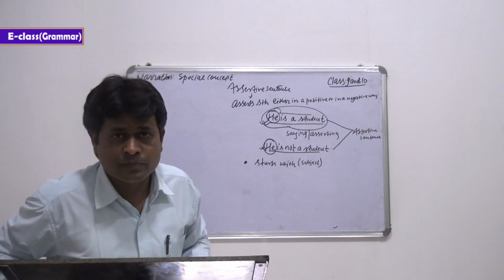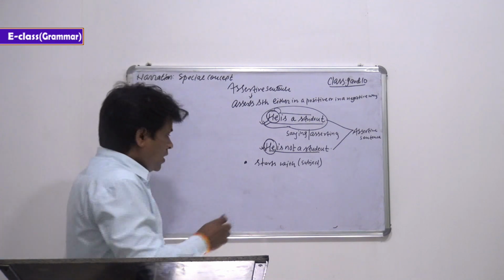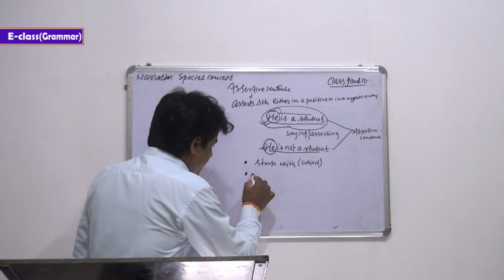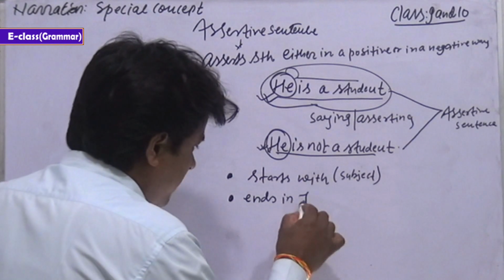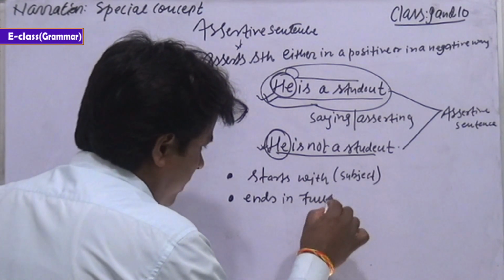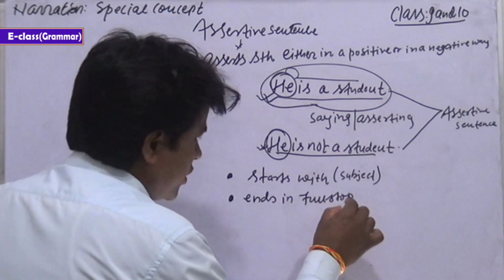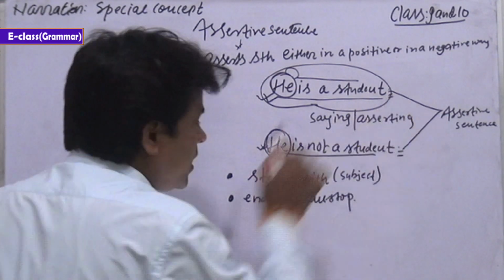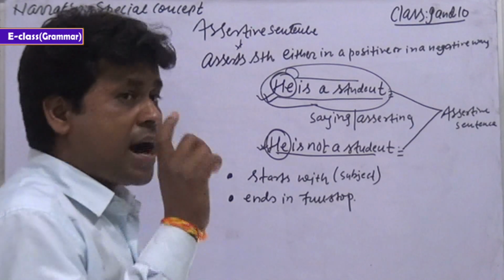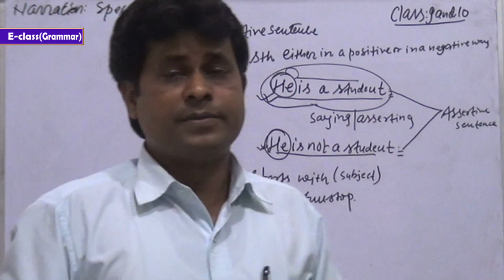Second, an assertive sentence ends in a full stop. Yes, these are the two markers of an assertive sentence.